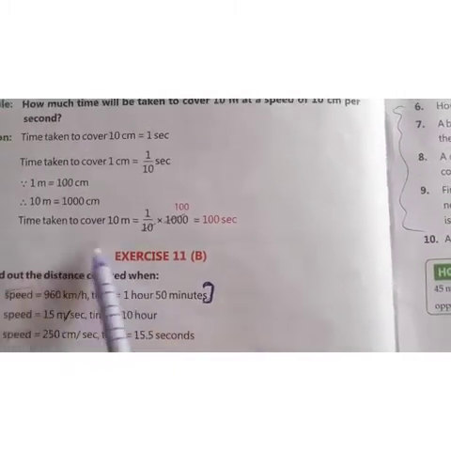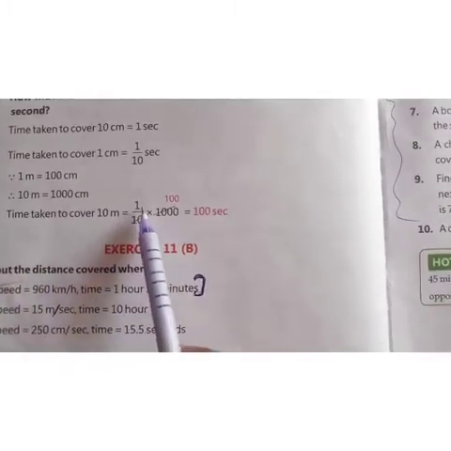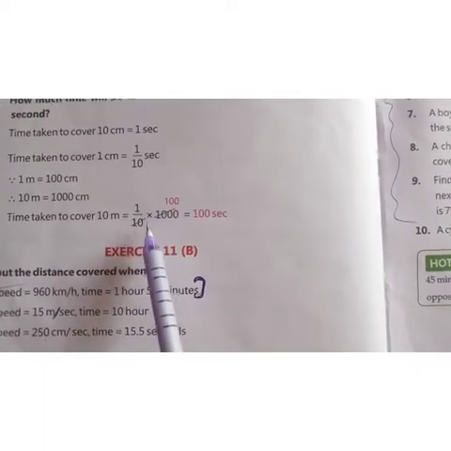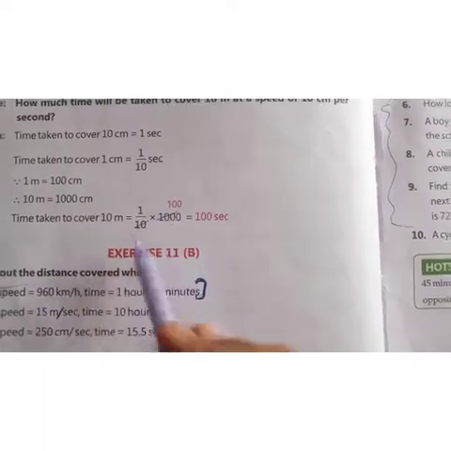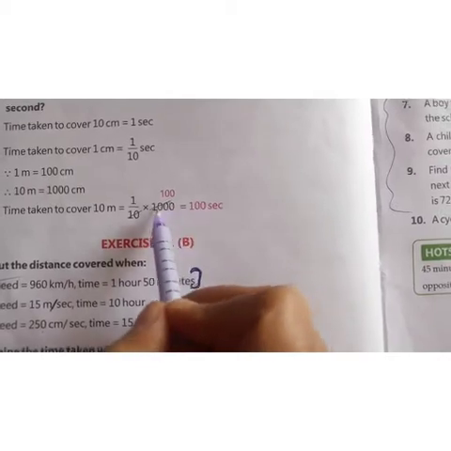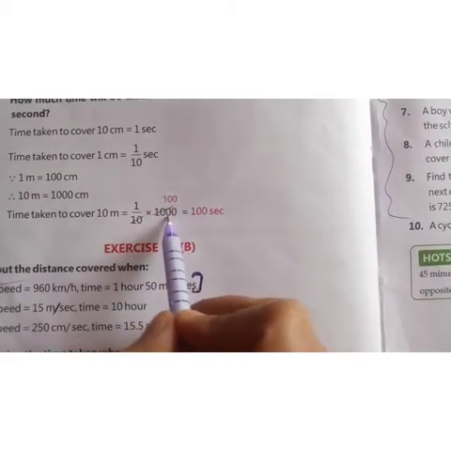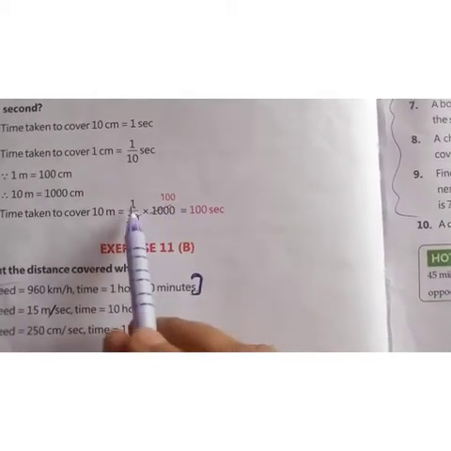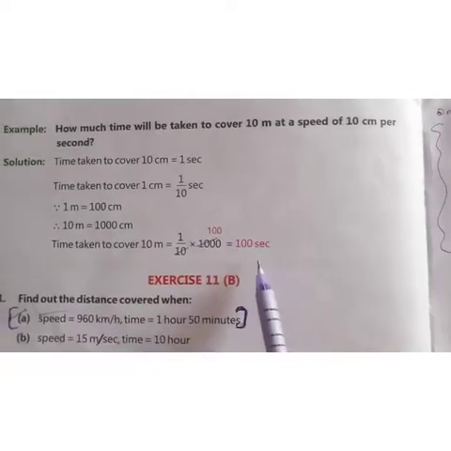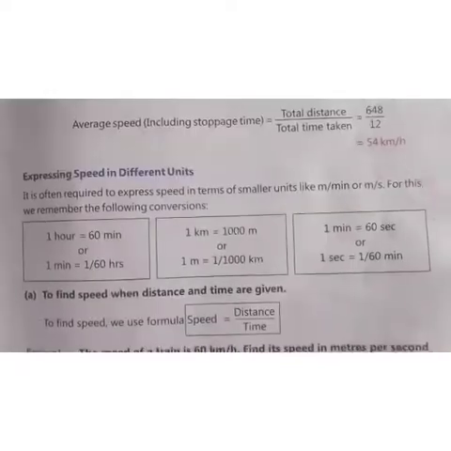So time taken to cover 10 meters will be equal to 1 upon 10 into 1000. So 10 1s are 10, 10 10s are 100, and this 0 as it is. So 1 into 100, you get 100 seconds.